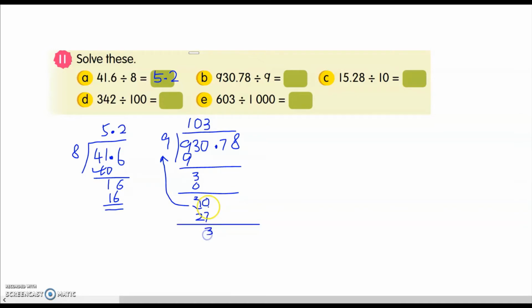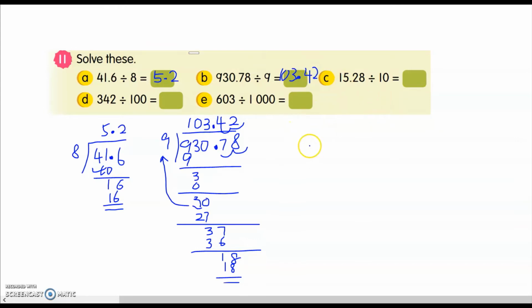Balance is 3. Bring down the next number 7. 4 times 9, 36. Balance is 1. Bring down the last number 2. 2 times 9, 18. Again, remember your decimal point, same as the question. So 2 decimal places, 2 decimal places. So your answer is 103.42.